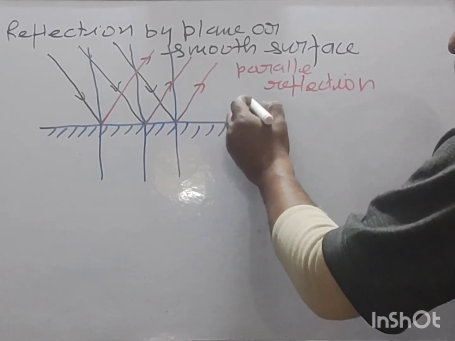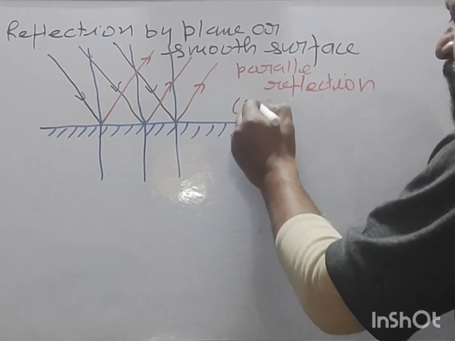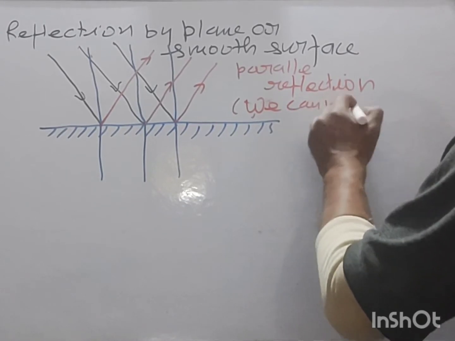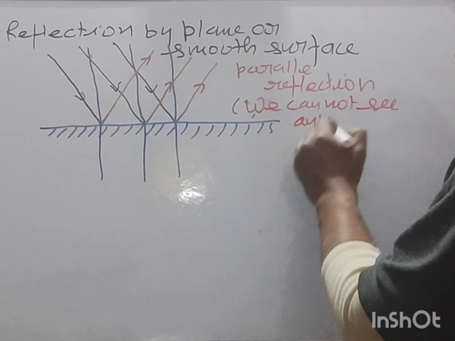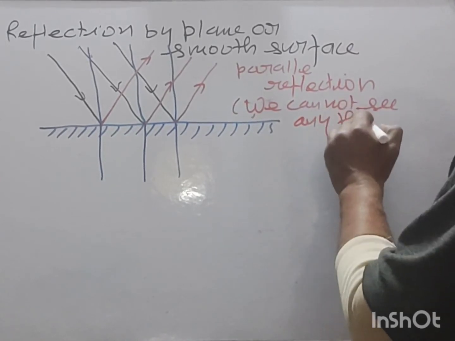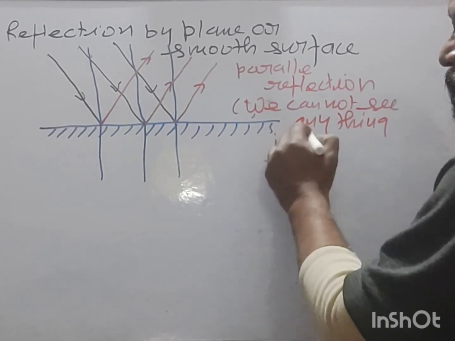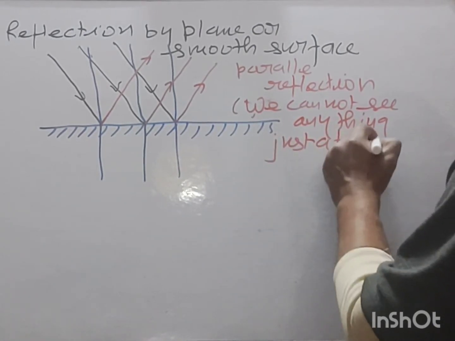In parallel or regular reflection, we cannot see anything except a bright spot, just a bright spot, right?